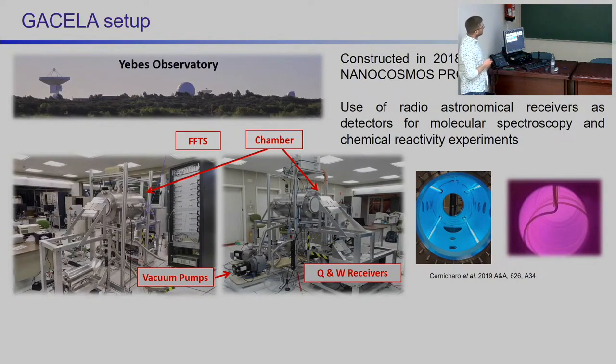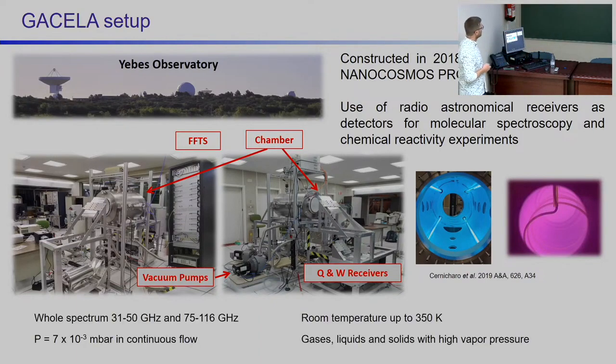In this part, we have the two receptors in the Q band and the W band. And in this part, we have the fast Fourier transform spectrometers that are used to process all the signals that the receptors can detect in the camera.